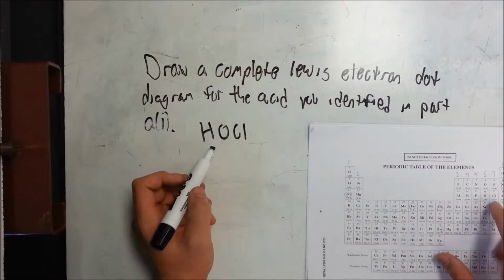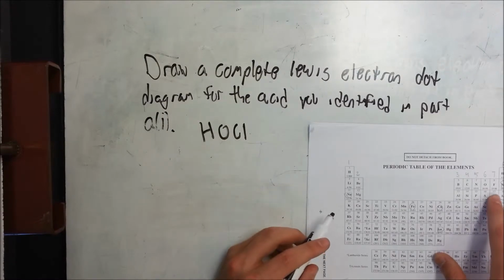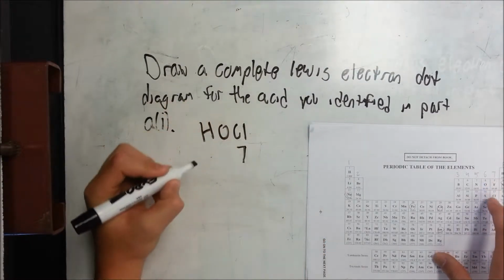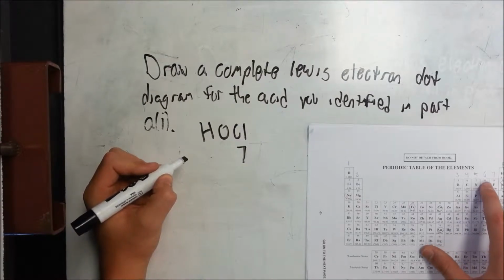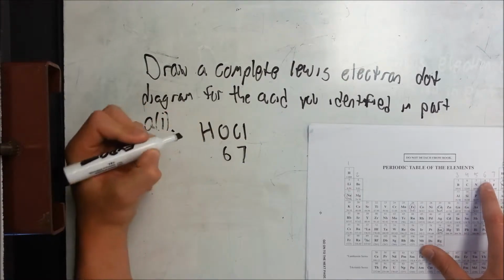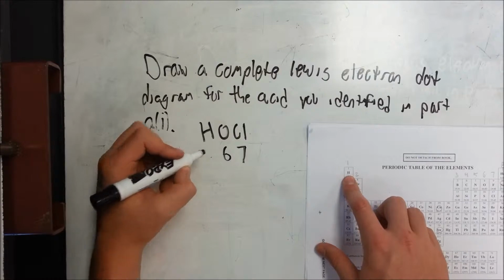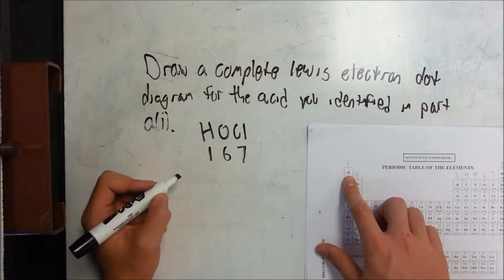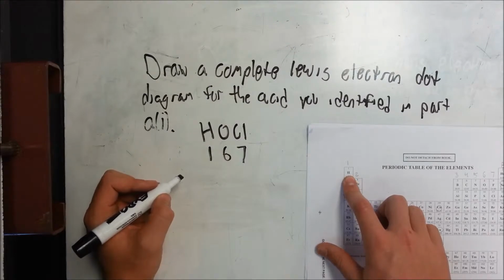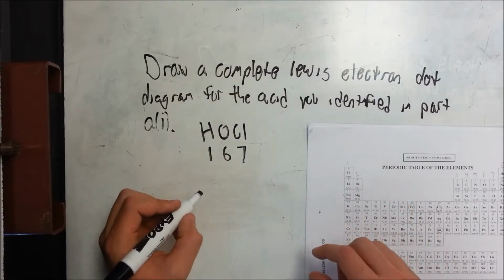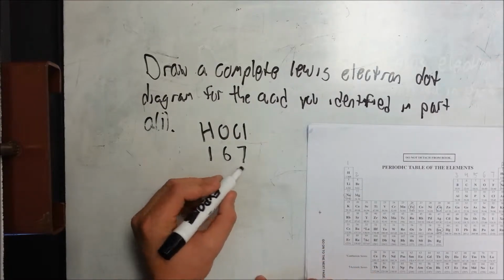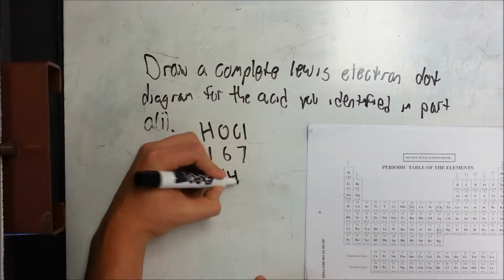Chlorine has 7 valence electrons, so we put a 7 right under here. Oxygen has 6 valence electrons, so we put a 6 right here. And hydrogen has 1 valence electron. When we're drawing our Lewis electron dot diagram, we want to make sure that each dot represents an electron and it adds up to 14, because 1 plus 6 plus 7 equals 14.